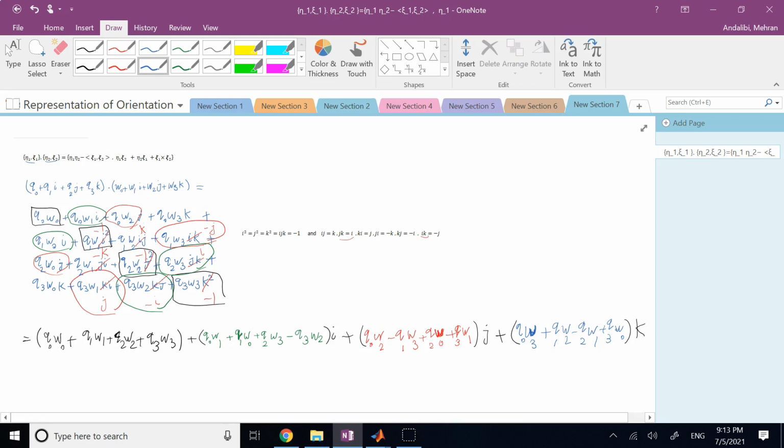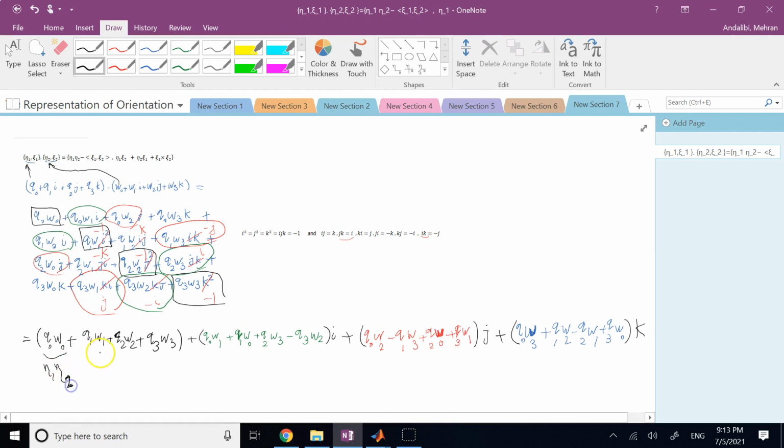Good. Now let's take a look at the real part first. What is this guy? So this is clearly, since q0 means eta 1, and w0 means eta 2, this guy is eta 1 times eta 2. Okay, so that is obvious.